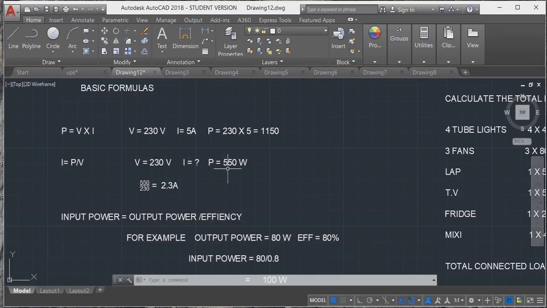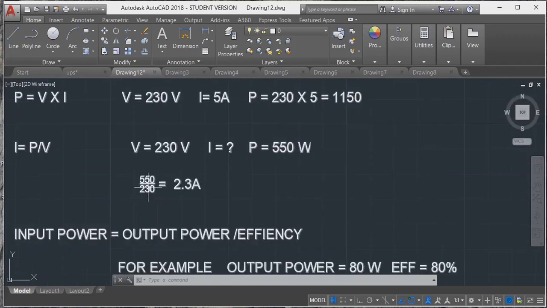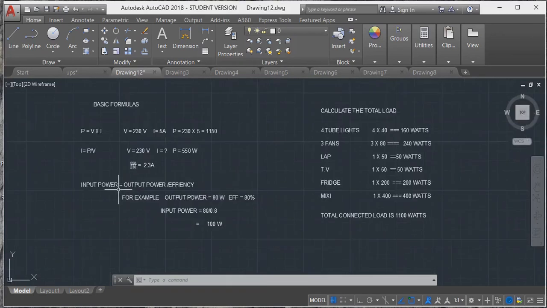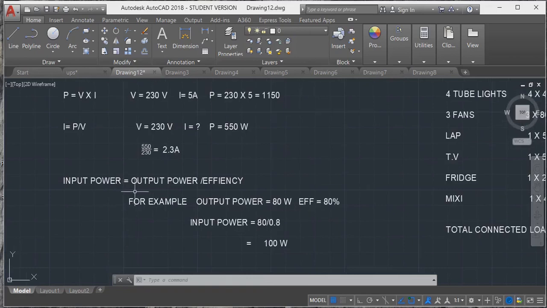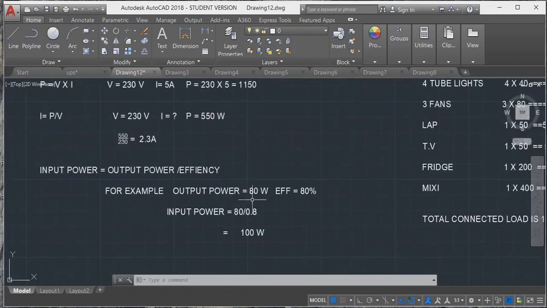Substituting, 550 by 230, we get 2.3 amperes. And input power equal to output power by efficiency. For example, output power is 800 watts, efficiency is 80%. Substituting in this formula, we get 1000 watts.